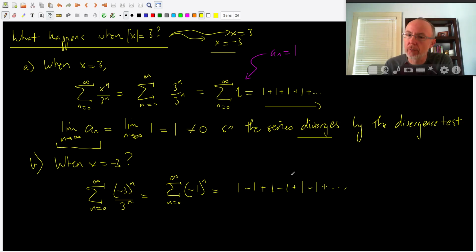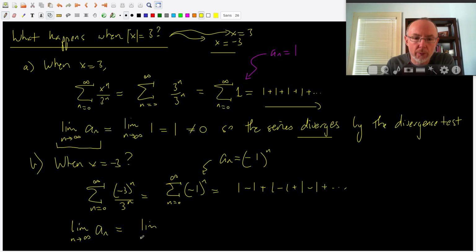And so does that converge or diverge? Well, again, it's very straightforward. Here, the nth term, a sub n, is equal to minus 1 to the power of n. If we ask what's the limit as n goes to infinity of a n here, we're asking what's the limit as n goes to infinity of this alternating term, minus 1 to the n. That limit does not exist because it's just alternating forever, minus 1, positive 1, and so on.